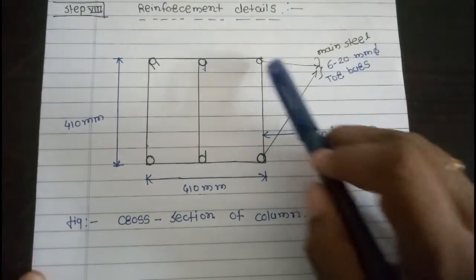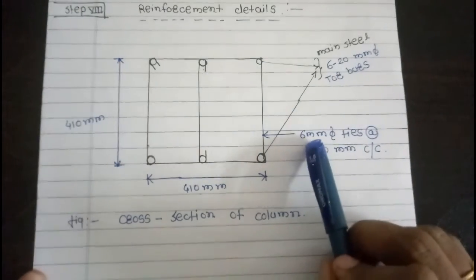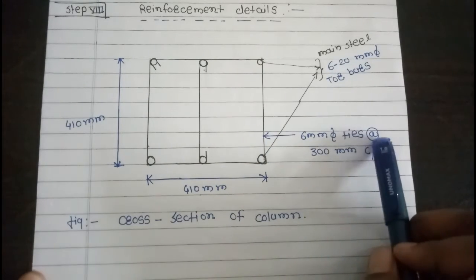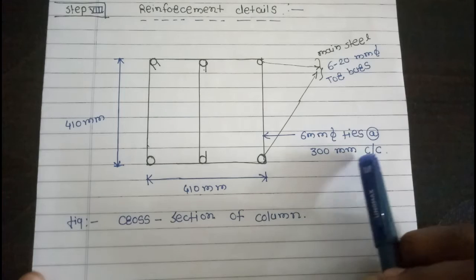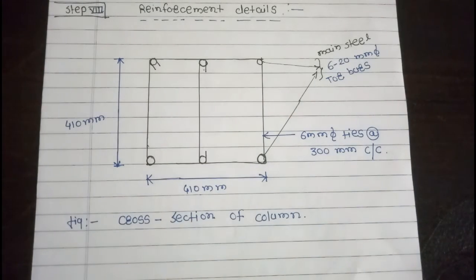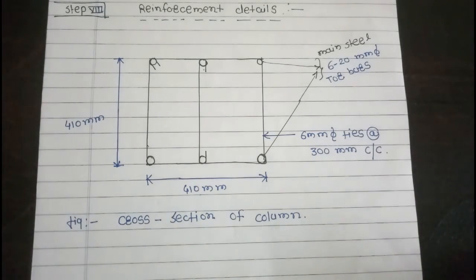Then these are the 6 mm diameter ties at 300 mm center to center distance. You can see the reinforcement details. Thank you.